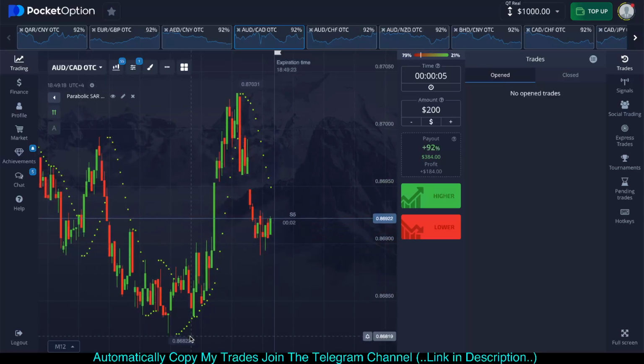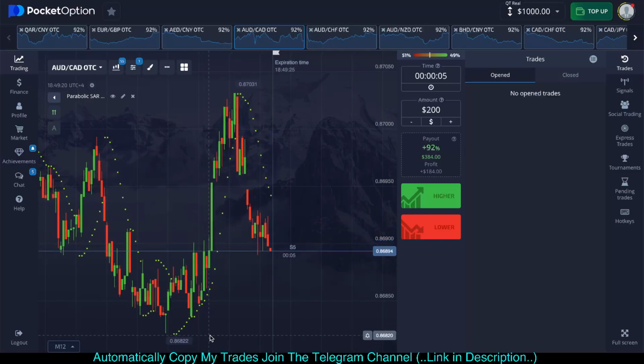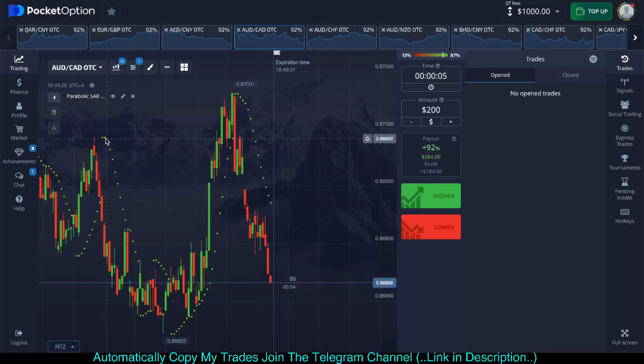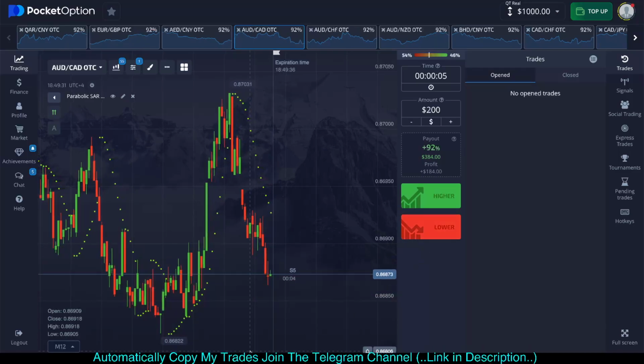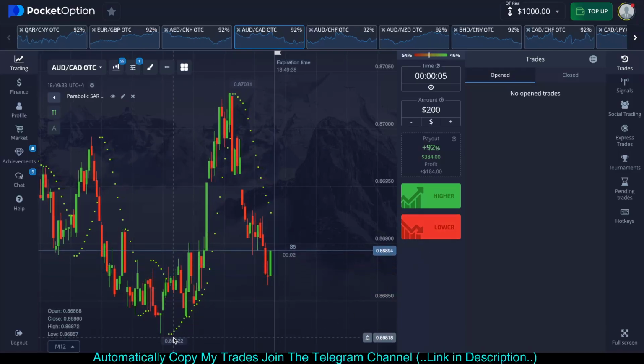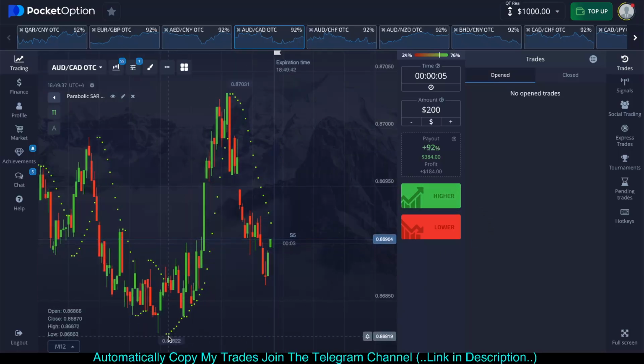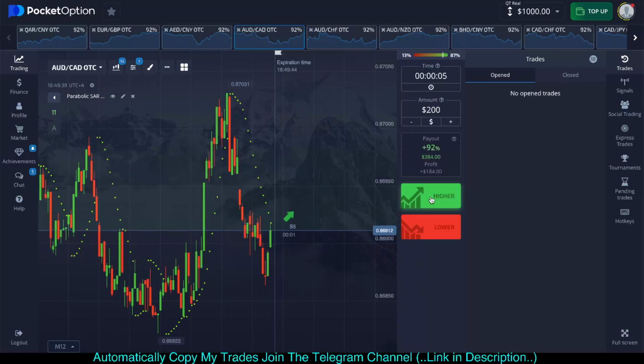Whenever these dots are forming below the candles, that means it is an uptrend. Now whenever the second dot forms above the candles, at that time you make a trade by clicking on lower in the 5-second time frame. Similarly, whenever these dots form below the candles, at that time, whenever the second dot is formed, you make a trade by clicking on higher.